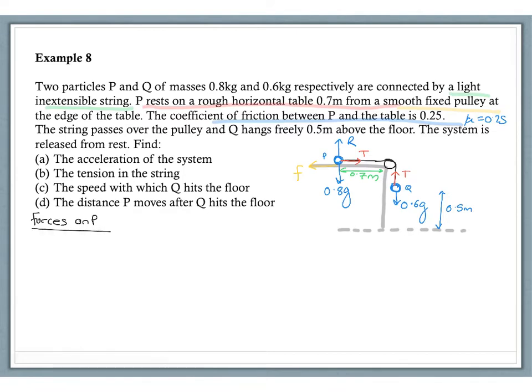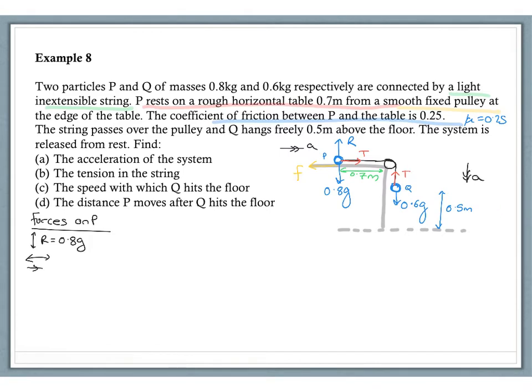Now, P only moves in a horizontal direction, but it is still worth us thinking about the vertical forces. So vertically, we know the reaction force must be balanced by the weight of P, so R is equal to 0.8 g. But horizontally, we know that P is accelerating in this direction once the system is released from rest, and of course Q is going to be accelerating in this direction.